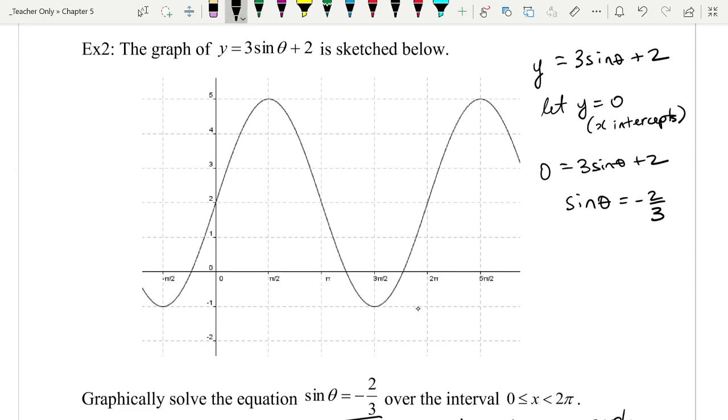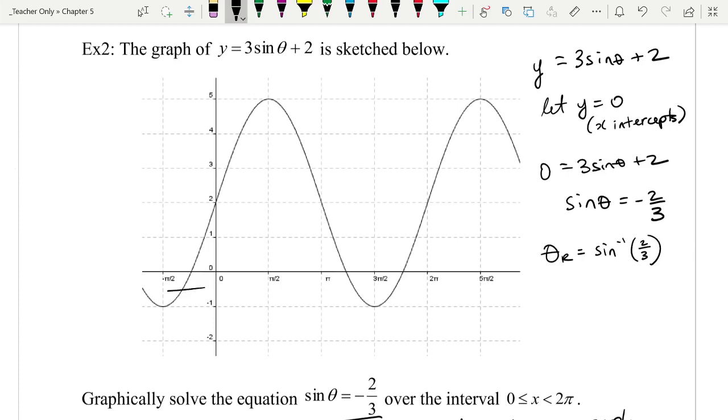If sine theta equals negative 2/3, then theta r is going to be the inverse sine of 2/3. Some of you on the last test kept forgetting that you drop the negative when you're finding a reference angle, because I don't want my calculator to spit out a negative angle answer.